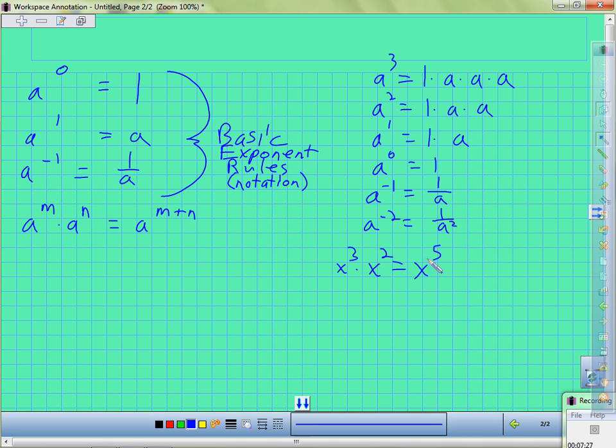Our next one is a to the m that is raised to the power n. I like to think of us as distributing that n in. We're distributing that n in.